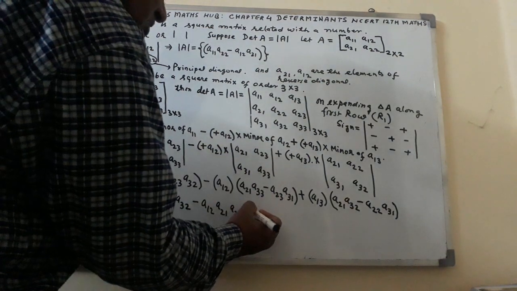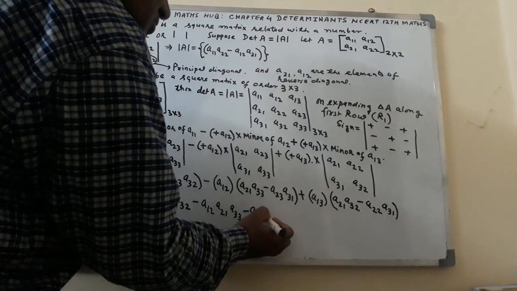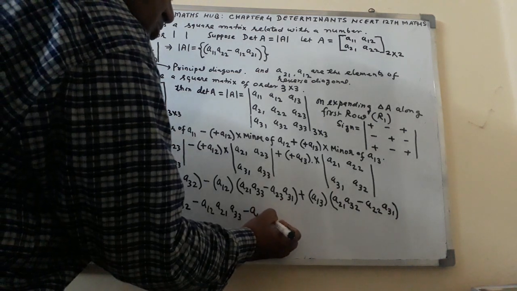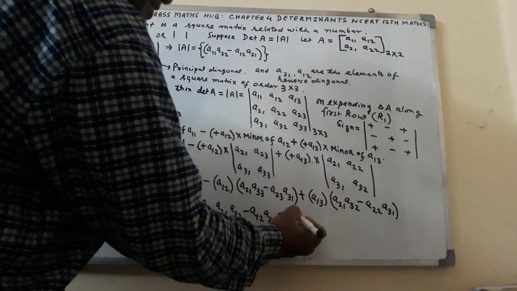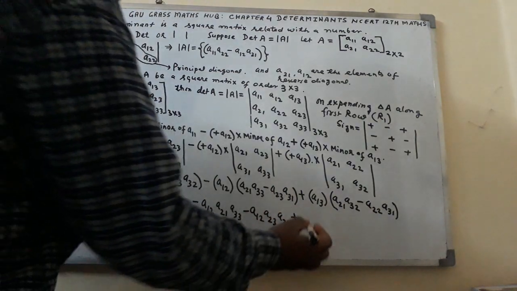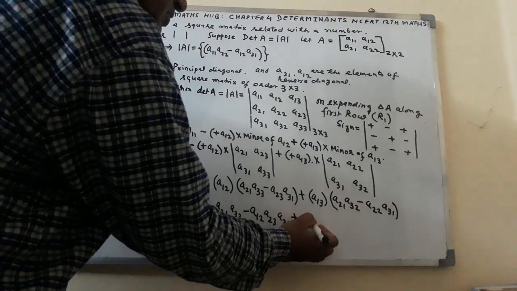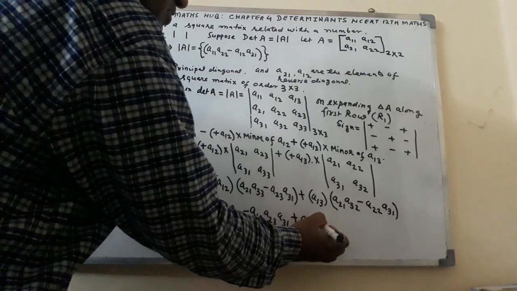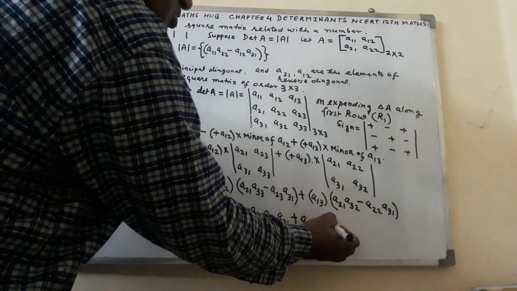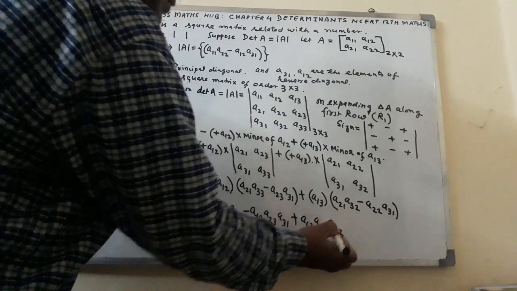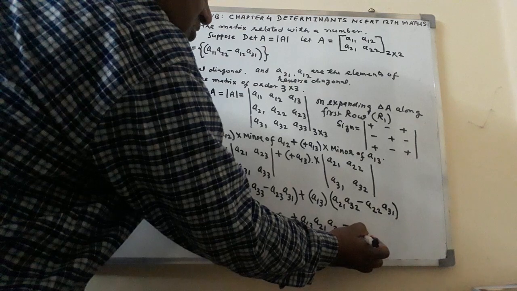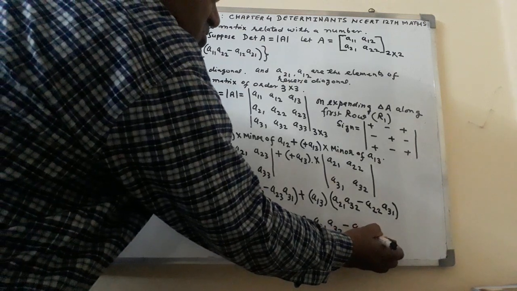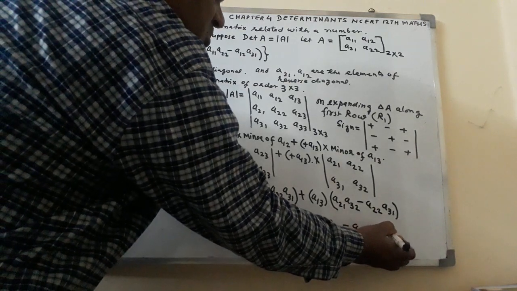You will get here A12, A23, A31 plus A13, A21, A32 minus A13, A22, A31.